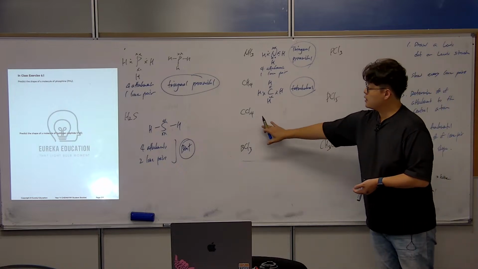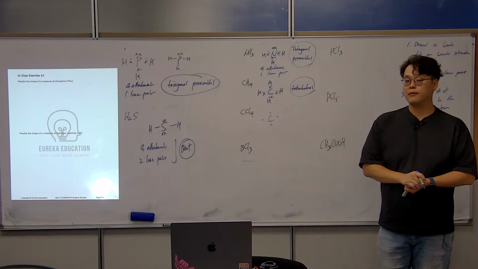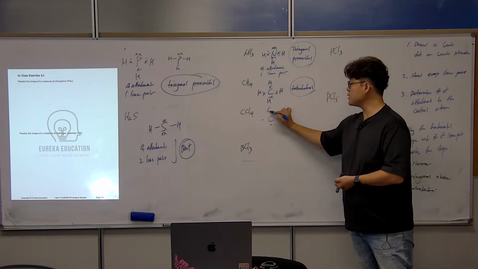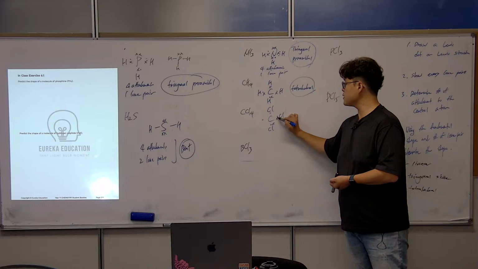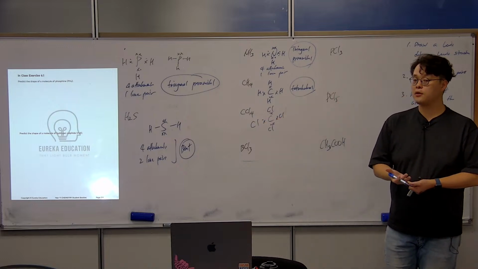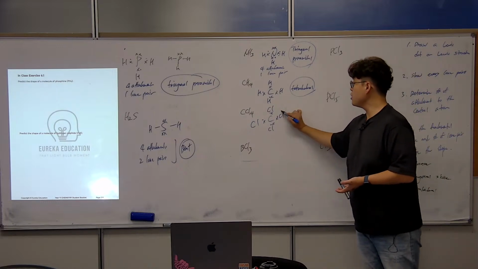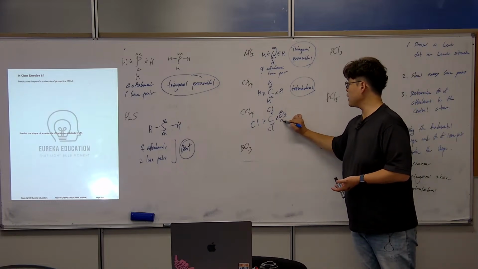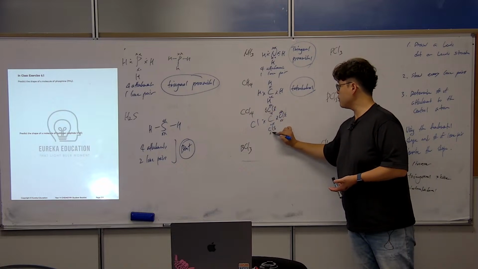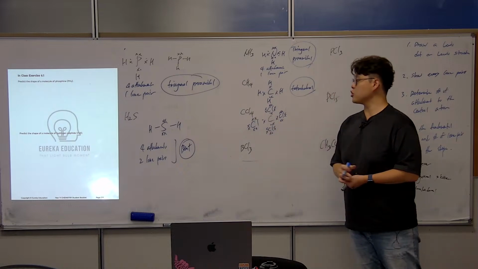Okay. CCl4 again, carbon 1, 2, 3, 4, and it will have 4 covalent bonds with 4 chlorines. Show that. But make sure you show all the relevant lone pairs, even though they are outside of the central atom, which means you need to show that all the chlorines have this many lone pairs because they've now filled the full shell.